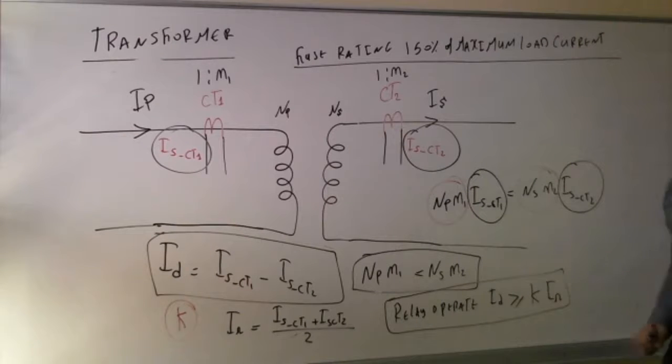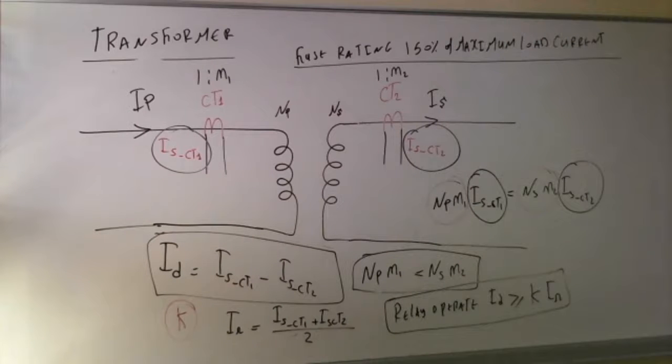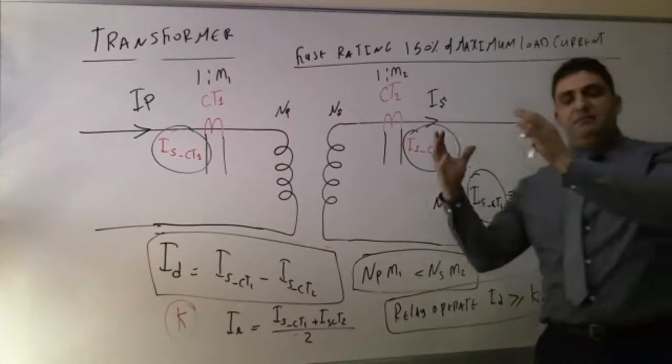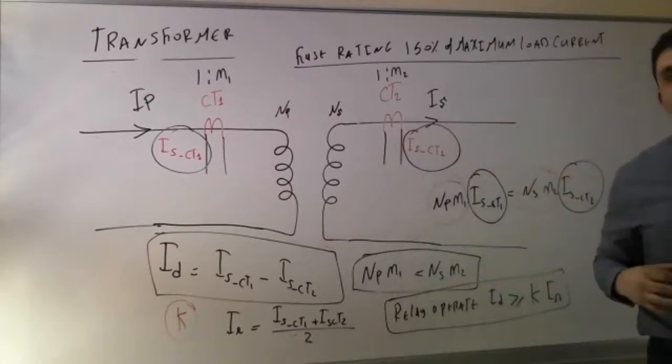That's why there is always a margin. I hope that explained the initial concept of transformer protection from a fuse and from a percentage differential.